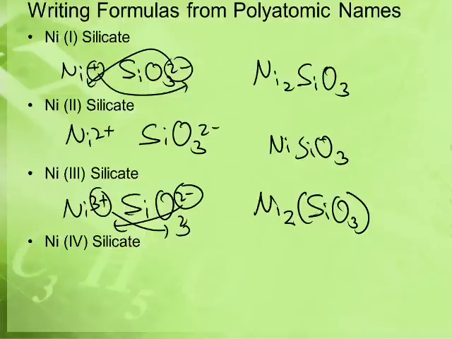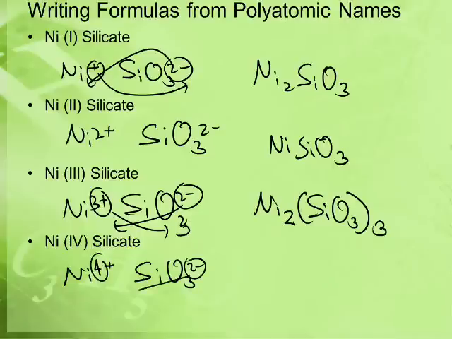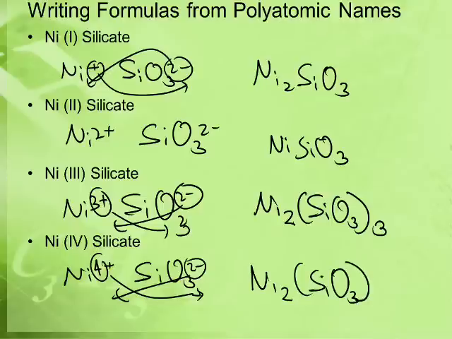SiO3, 3. If we had nickel 4, Ni4 plus silicate, same thing. So we're going to swap the two numbers with each other. It's going to be Ni2 parentheses SiO3, and there's going to be 4 of them.